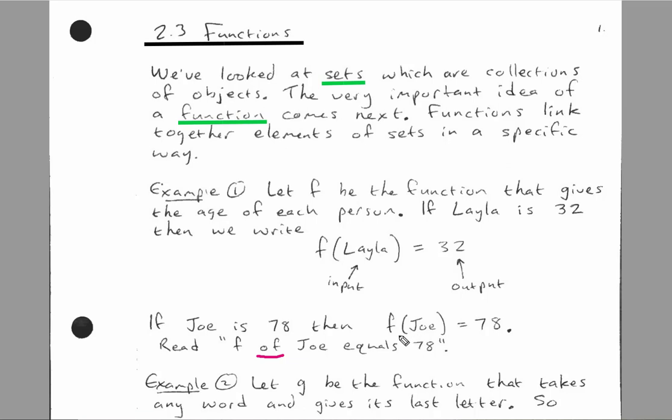So that's the way you'd read this. f of whatever the input is equals the output. So this simple function just gives you back the age of anybody.